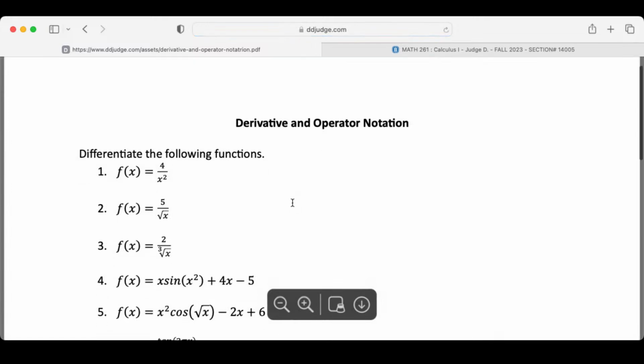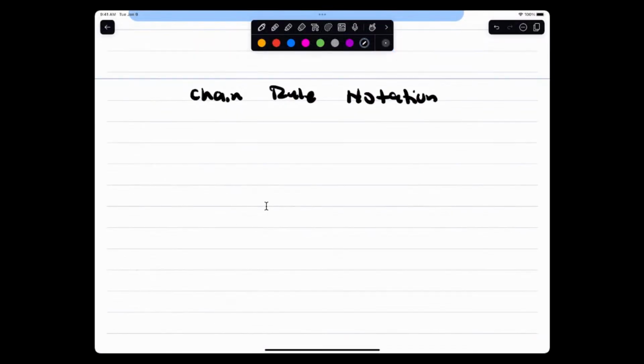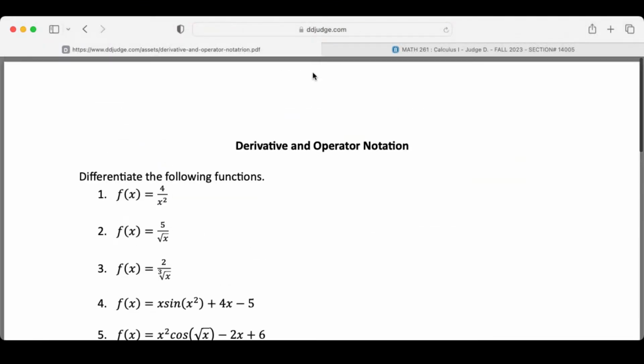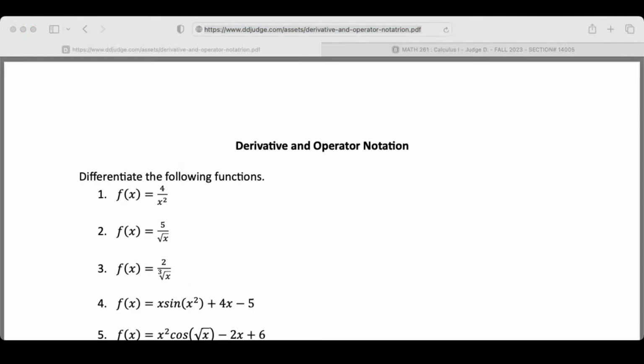So I started to give you guys already some operator notation. Do you guys know what I'm saying? So let's do a little bit more of that, because it transitions nicely into where we're headed. I just want to share with you guys that location in case you wanted to know. We'll put it in the comment section.